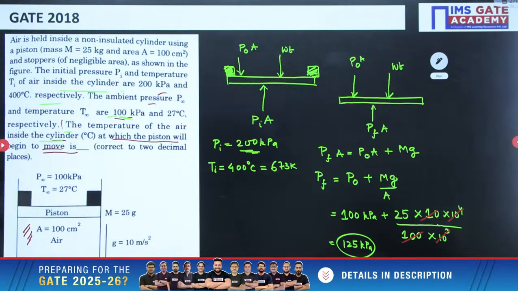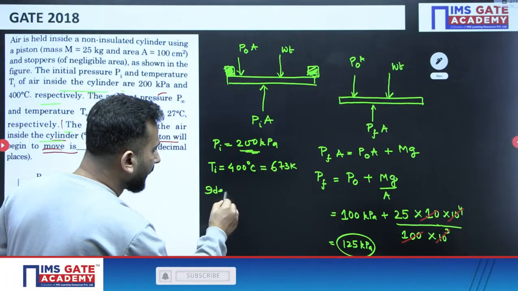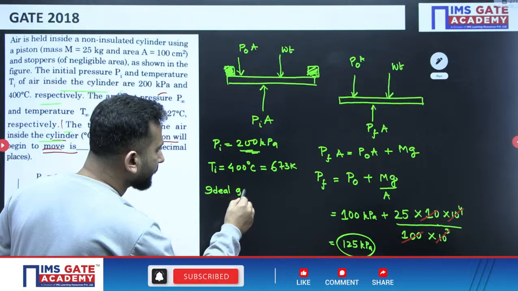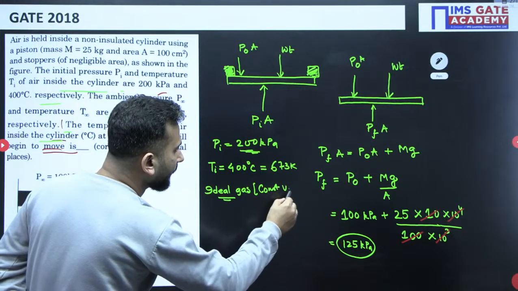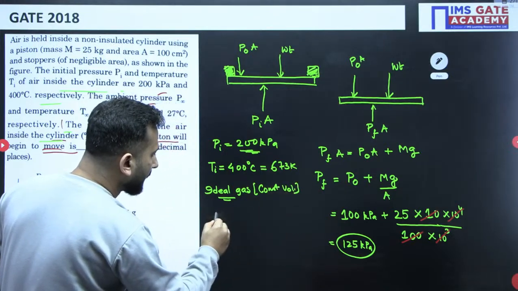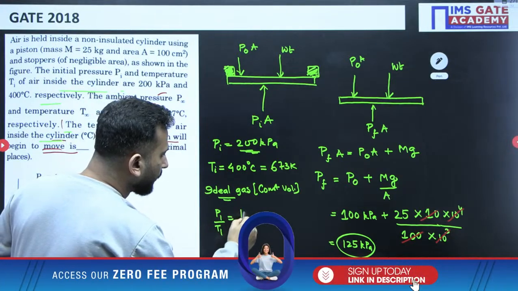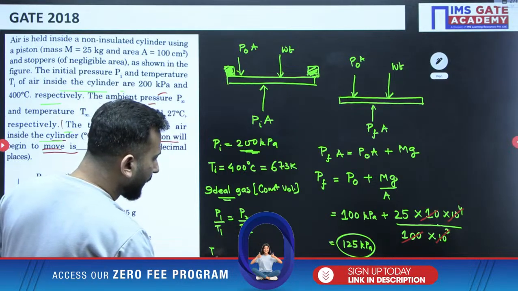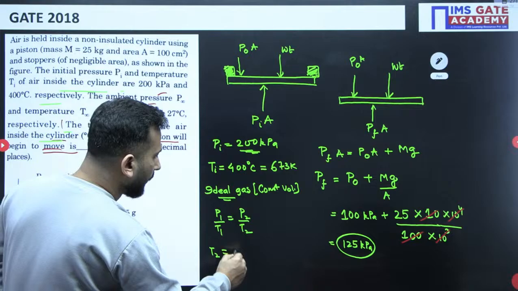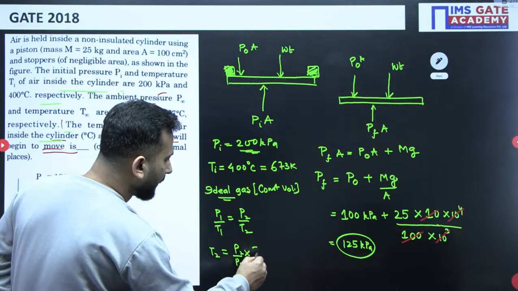right? And you know that when it's an ideal gas, because air is mentioned, and it's a constant volume process, I can say that P1 by T1 is equal to P2 by T2. I need the value of T2, so T2 is P2 by P1 into T1.